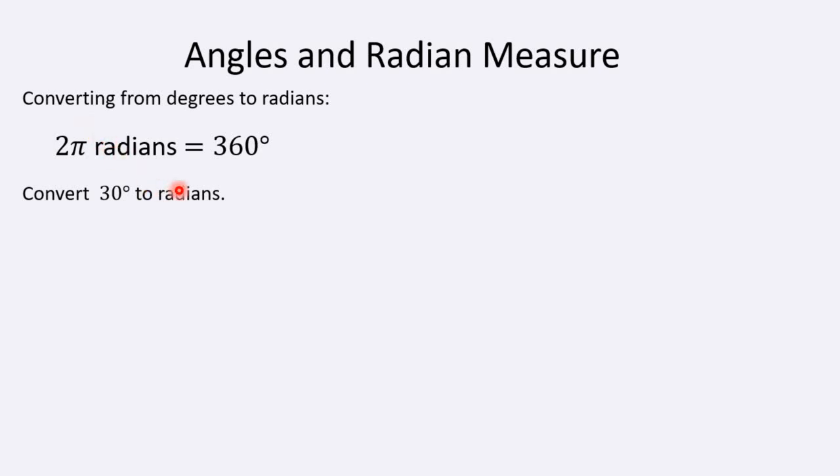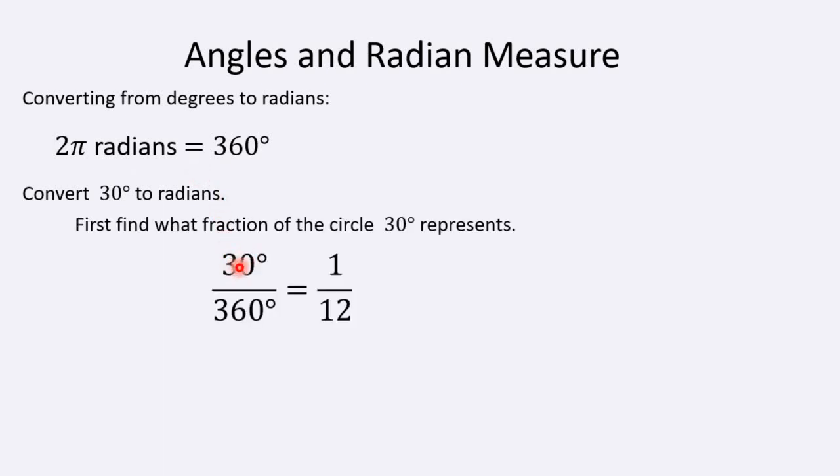It should be proportional. So first, I'll find out what fraction of 360 30 is by dividing 30 by 360. That is 1/12. So the angle, 30 degrees, represents 1/12 of a full revolution around a circle. The full revolution can either be called 360 degrees or 2 pi radians.